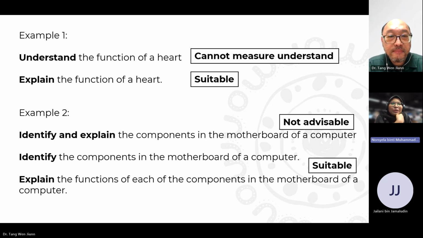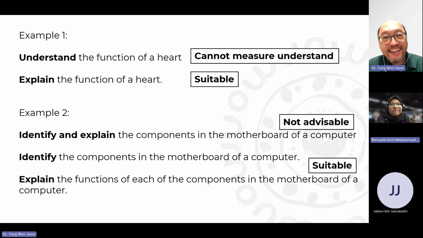Describe. I'm not sure, but is identify one of the Bloom's verbs? I think it's the first level, right? Identify, yes. Then explain is the second one. Yes. So identify, explain.